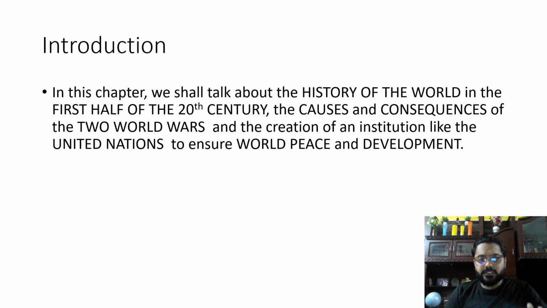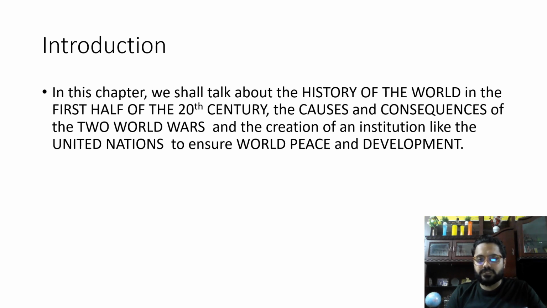So, what are we going to learn in this chapter? We are going to talk about the history of the world in the first half of the 20th century. That is how the world was in the first half of the 20th century, from the 1900s to the late 1950s.